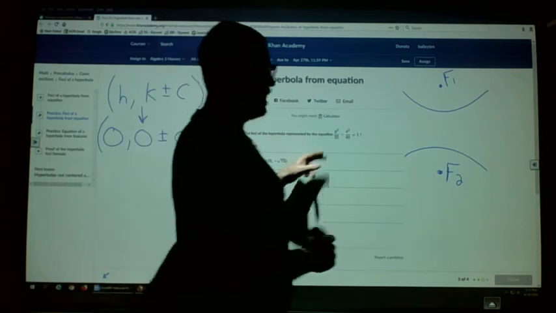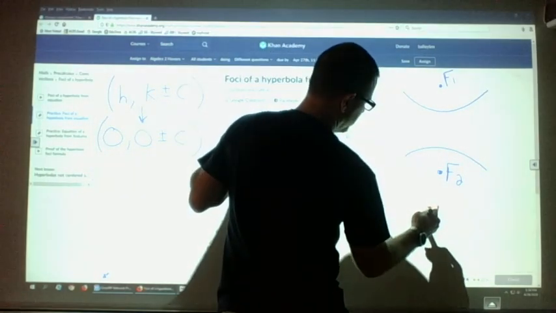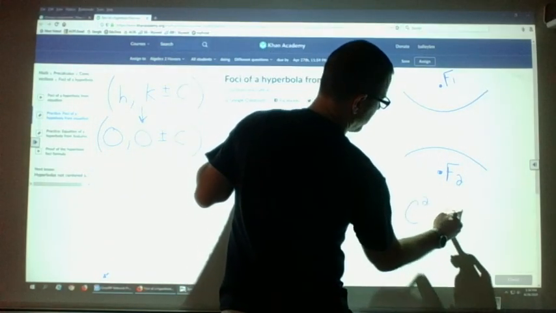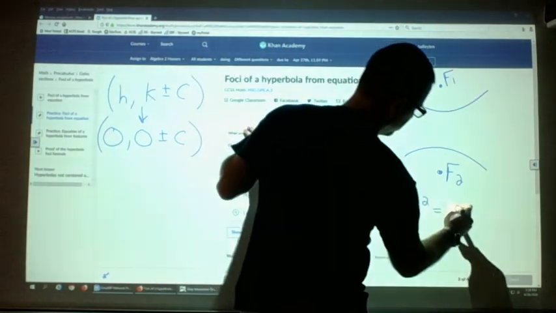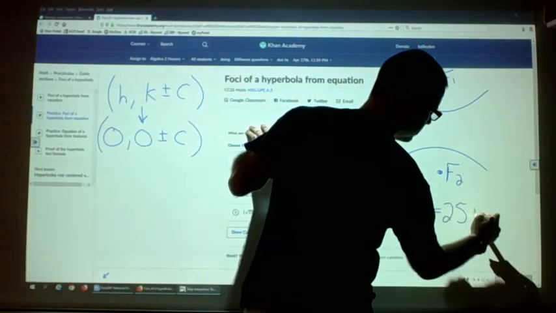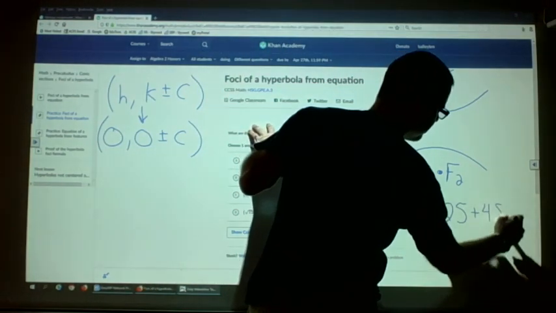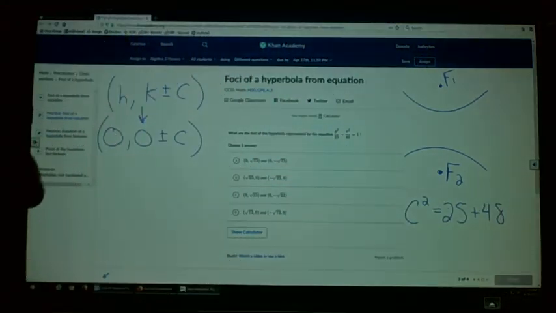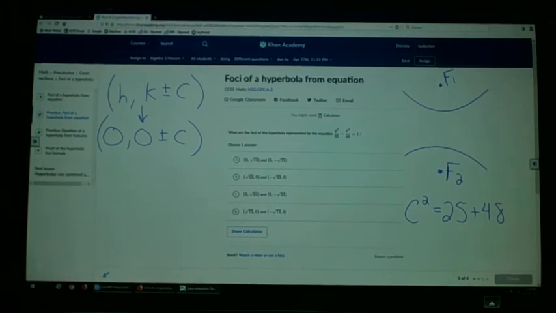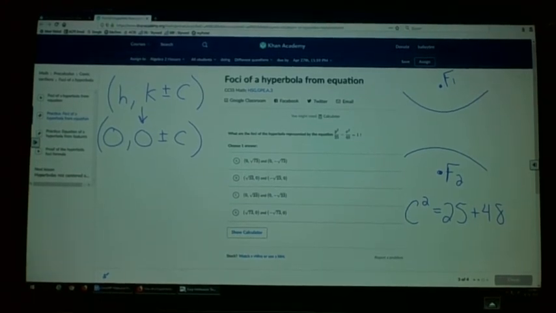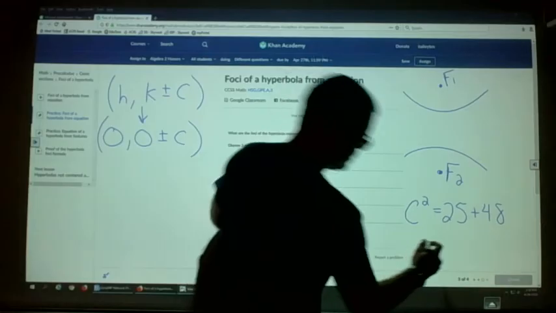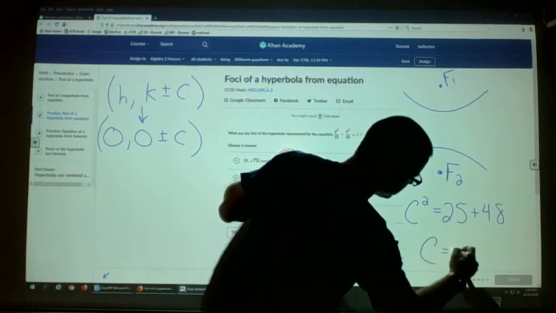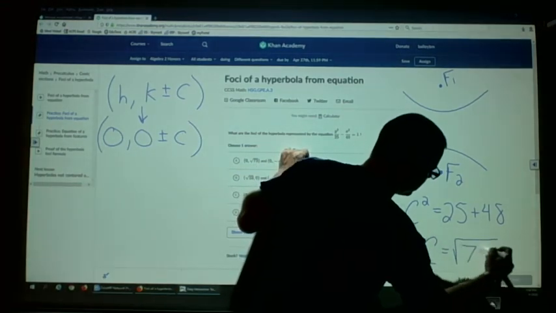And then we use a squared plus b squared equals c squared. So here I know c squared is equal to 25 plus 48. 25 plus 48 is 73. Yep. So we know c is equal to the square root of 73.